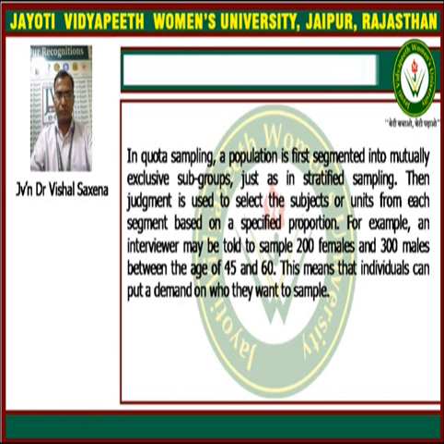So the initial way of selecting the sample is done according to stratified sampling, meaning we divide our population into several groups, and then judgment is used to select the subject or unit from each segment based on a specified proportion. The sample is then drawn according to proportion, which can be explained with this example: an interviewer may be told to sample 200 females and 300 males between the ages of 45 and 60.